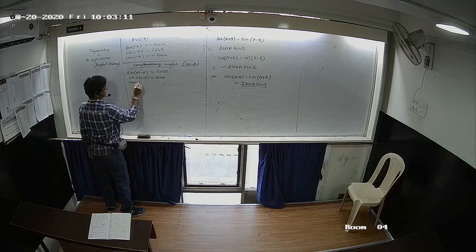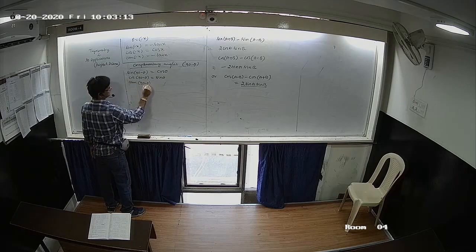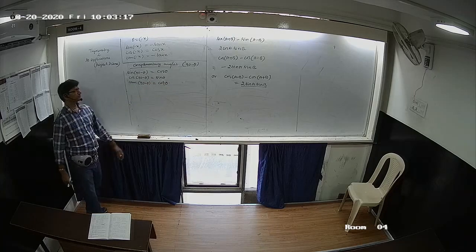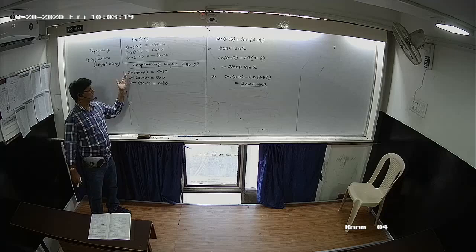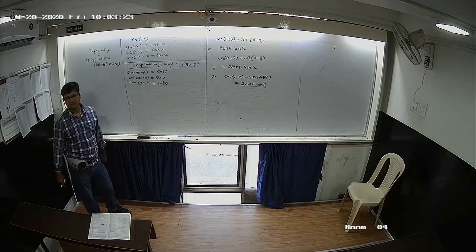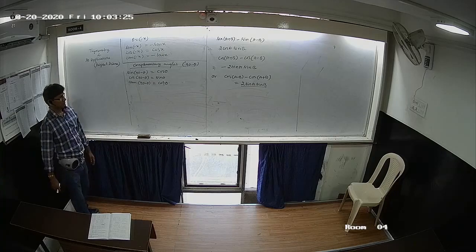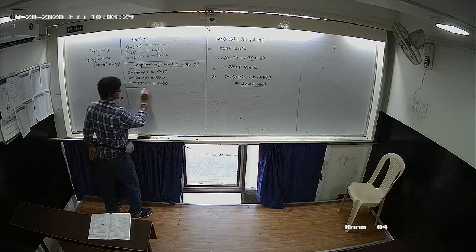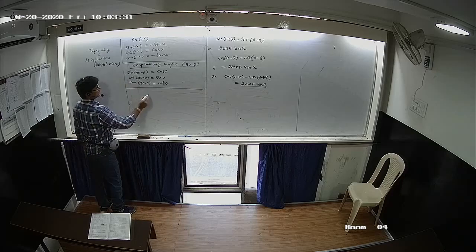Tan of 90 minus theta is cot theta, and vice versa. Cos of 90 minus theta will be sin theta, sin of 90 minus theta will be cos theta, and cot of 90 minus theta will be tan theta.